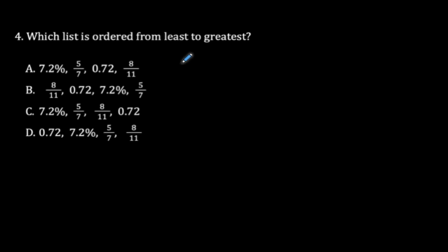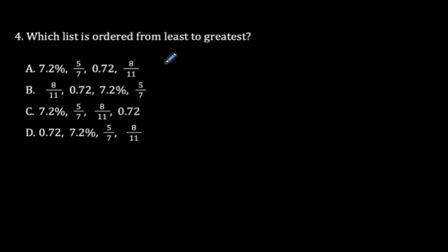So 7.2%. If you take a look here, we see that the decimal point is here. This percent tells us, in order to turn it into a decimal, you move the decimal point 2 places over to the left.